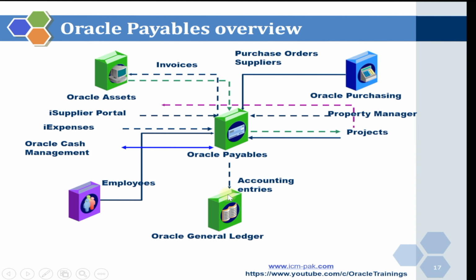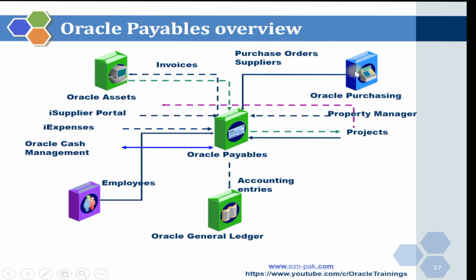So accounts payable is fully integrated with the GL, and it is also integrated with purchase orders. All the purchase order information is transferred from purchasing to accounts payables so that you can match your POs with the invoices. Supplier information is shared between payables and purchasing, so you can define suppliers either from payables or from purchasing. This is shared information.